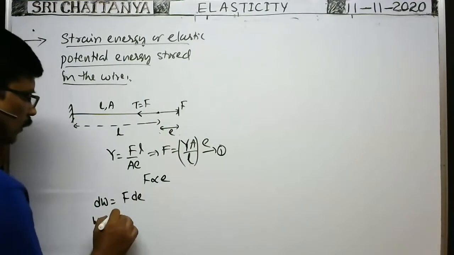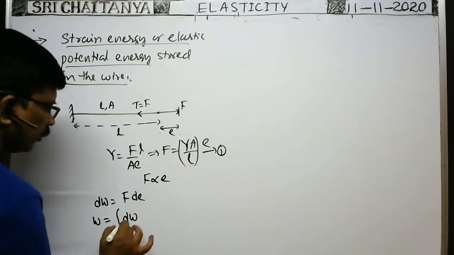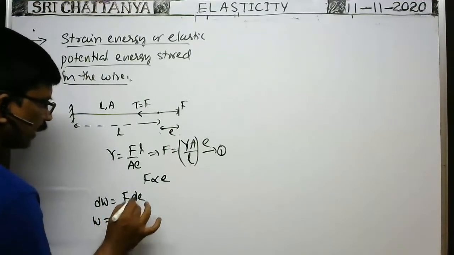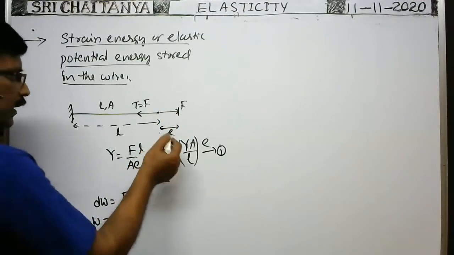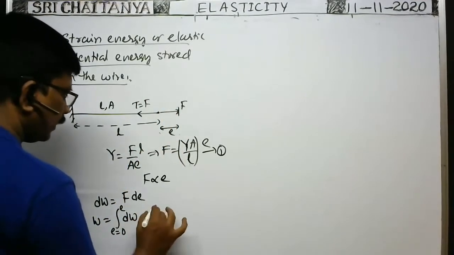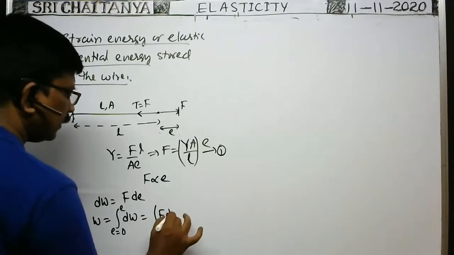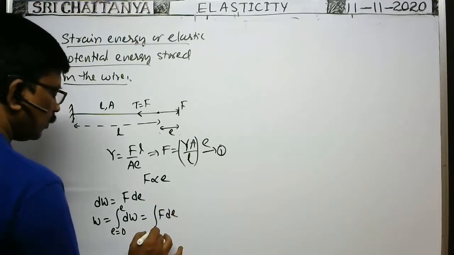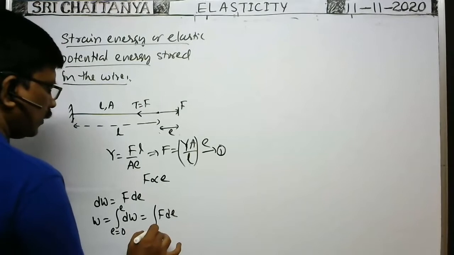Total work done is equal to the integral of dW between the limits e equal to 0 to the total elongation small e, that is equal to the integral of F de from e equal to 0 to e.